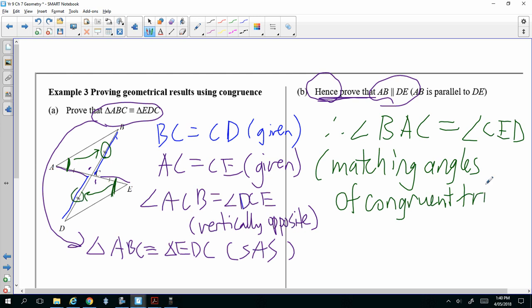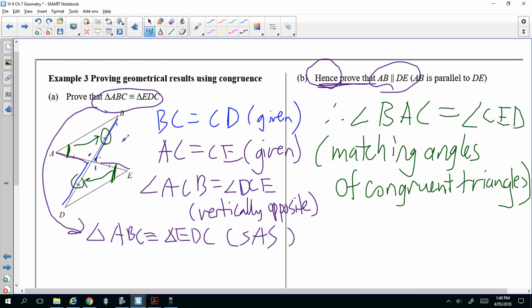Matching angles of congruent triangles, because they are opposite to the matching sides. And because they are matching angles, they must be equal. And because they are equal, therefore, you will say AB is parallel to DE because the alternate angles are equal.